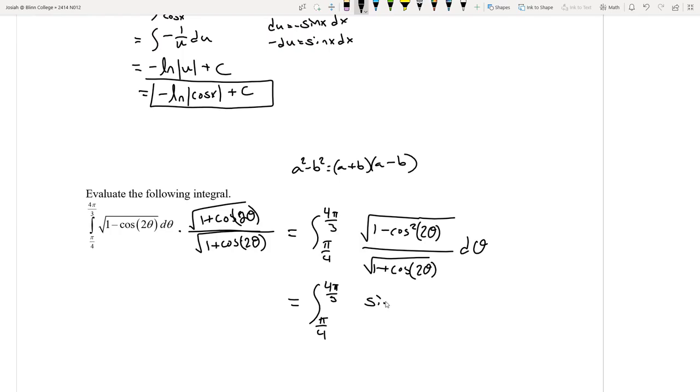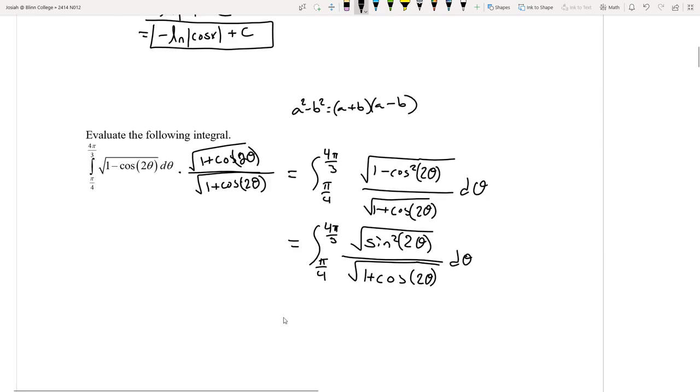So we get sine squared of 2 theta under that square root. And so those guys will cancel, the square root and the square. And so we get, from pi fourths to 4 pi thirds, sine of 2 theta over 1 plus cosine of 2 theta, and this guy is still under the square root.